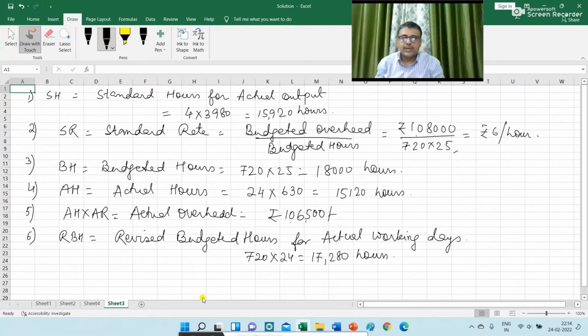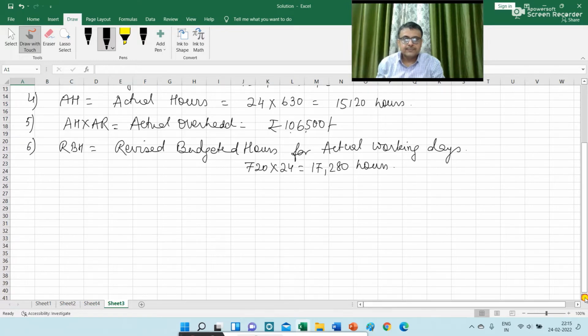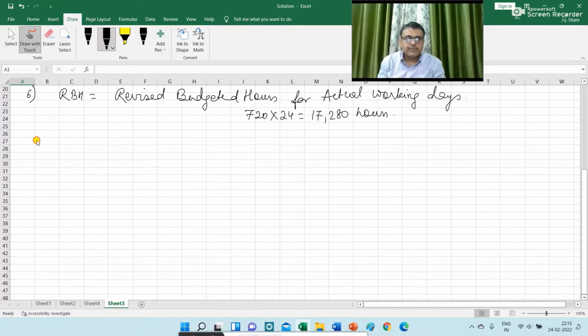Now we will calculate the fixed overhead variances. The first is the fixed overhead cost variance, which is equal to standard hour into standard rate minus actual hour into actual rate.